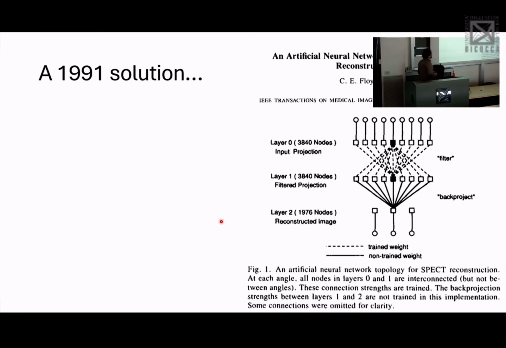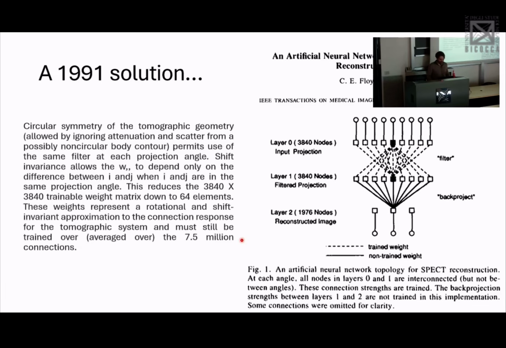A very interesting perspective is this paper from 1991 from a person who, without realizing it, invented convolutional neural networks. He was trying to reconstruct something that's reconstructed by the Radon transform, and he tried to do it with multi-layer perceptrons.